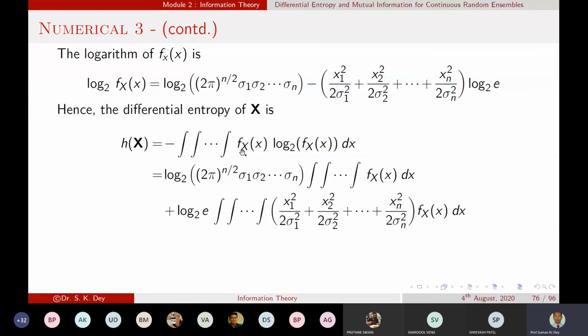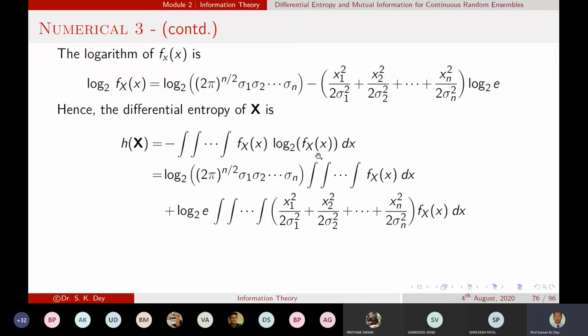Now we put in these two terms, f of x, the probability density function, as well as the log 2 base of the probability density function. What will we get for the first term? Initially we have not put in the value of the probability density function f x x.